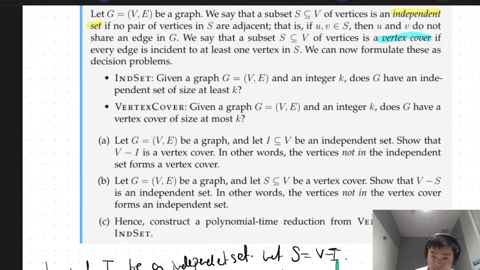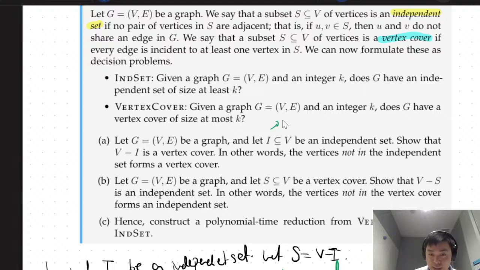So notice that in vertex cover, your input is a graph G and an integer k, and what we showed in part A is that if you have an independent set of size k, then you have a vertex cover of size n minus k.